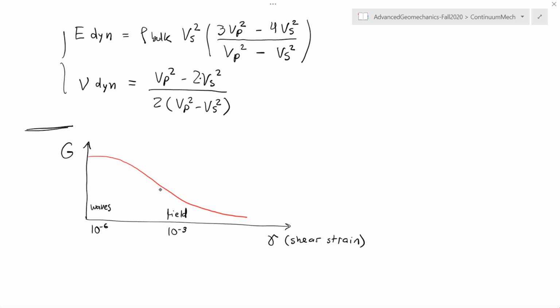Okay, and let me add one more time over here. So I can have very large strains that even are in this range for the geological scale.